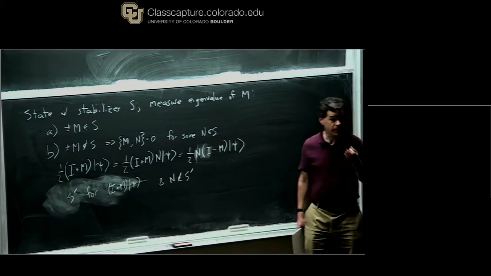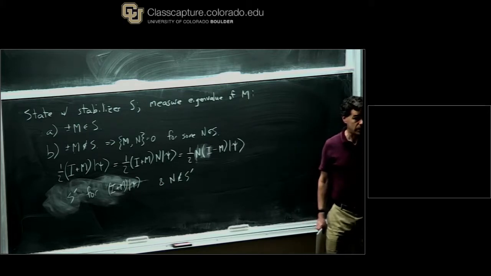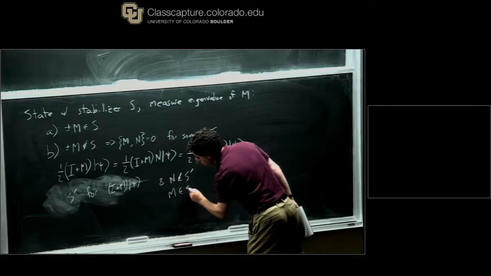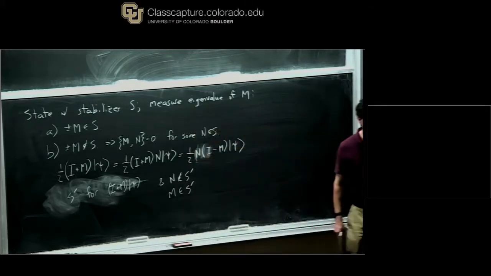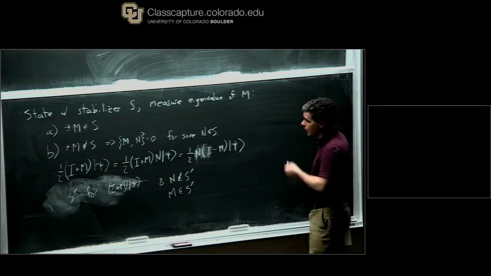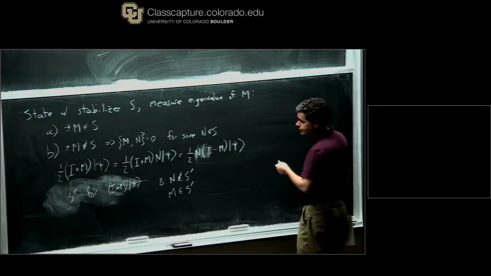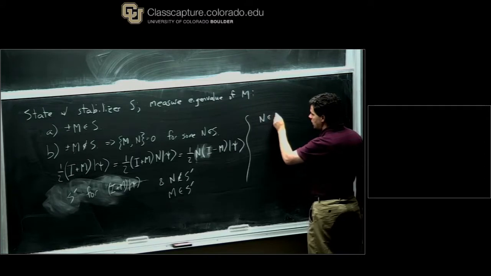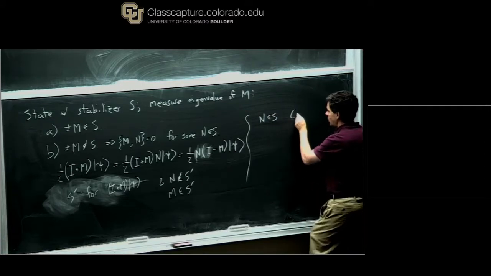But we know something that is in S prime, which is M, because we've just projected on the plus 1 eigenstate. So if we decided to build the stabilizer, we know we can not include N, and we should include M. Now, what else can we include? Well, suppose we have some N in S such that M and N commute.